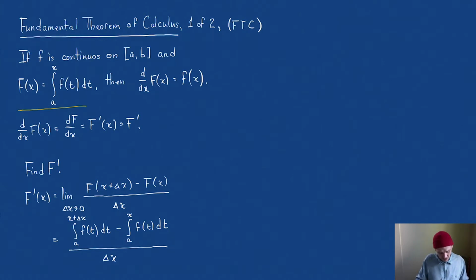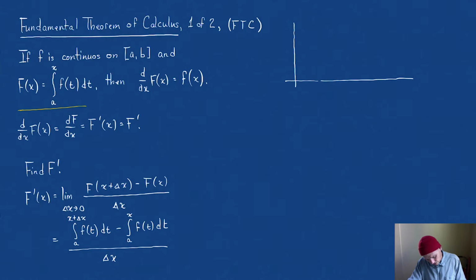So let's see what just happened and get a better intuition for this. Here's my graph of f, drawn like that for the sake of illustration, and we're going to integrate from a to some x. If I integrate from a to x, this area in here is F of x.